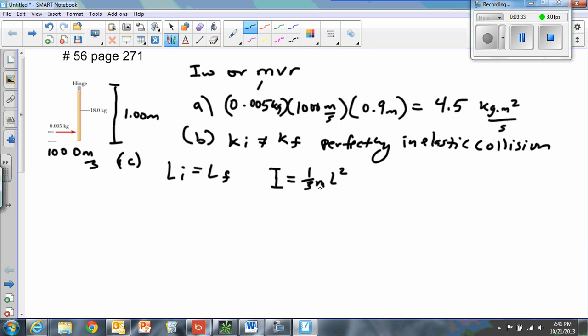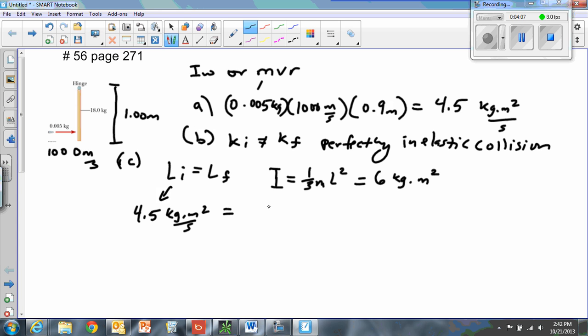If I put my numbers in, where m is 18, L is 1, and I divide that by 3, I get 6 kilograms times meter squared. So that is the moment of inertia of the door. And so initially, I already know that my initial angular momentum is all bullet, which is 4.5 kilograms times meter squared per second.